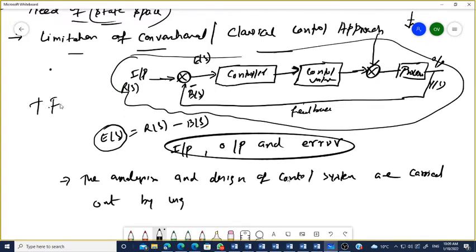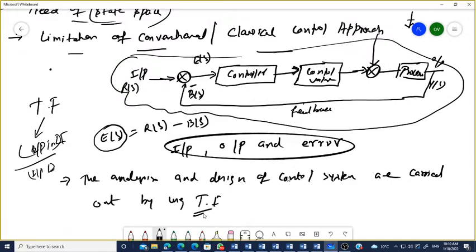Yes or no? What is the transfer function? Transfer function is simply output upon input in terms of the Laplace transform. Output in the Laplace transform, input in the Laplace transform, and it is the only tool by which we can analyze the system. Based on the system, we find out the stability, we find out anything. For the simulation also we are using this transfer function. So the analysis and design of the control system are carried out by using the transfer function.